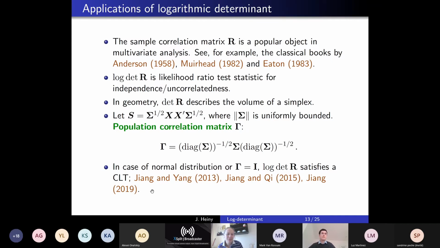Note that Jiang is a huge fan of the sample correlation matrix, and especially in high dimension. And he has not only studied the log determinant of the sample correlation matrix, but also hugely contributed to the development of the theory on the largest entry of sample correlation matrices, which is the backbone for these threshold estimators in high dimensional statistics.